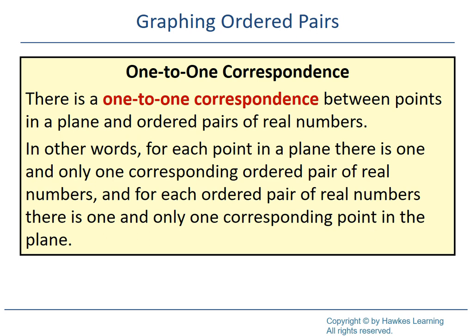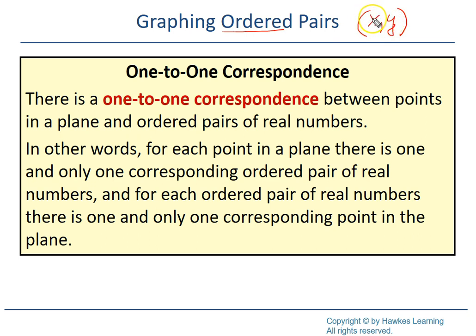Now, one of the things that's important in this section is what we call an ordered pair. An ordered pair is an x value and a y value, and because it's ordered, the order is significant.